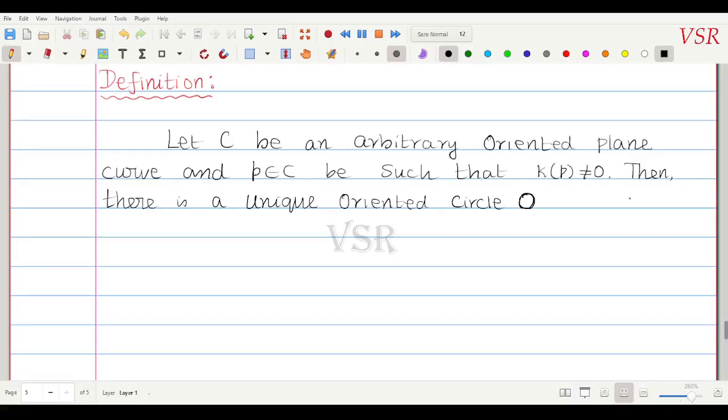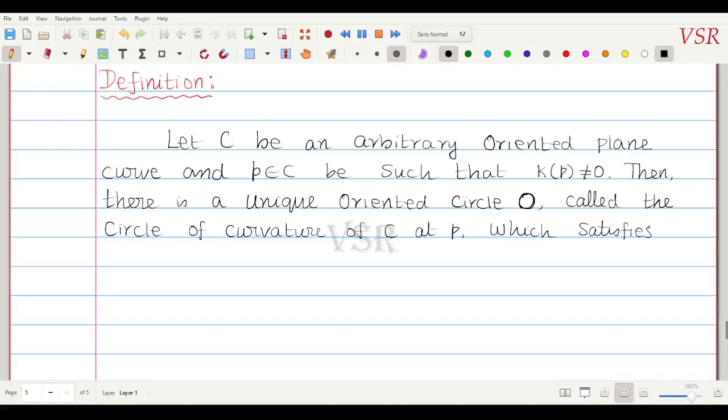Okay, called the circle of curvature of C at P, which satisfies the following three conditions. Okay, என்ன கண்டிஷன், அதை நான் ஒரு படத்துல வரையப் போறேன்.